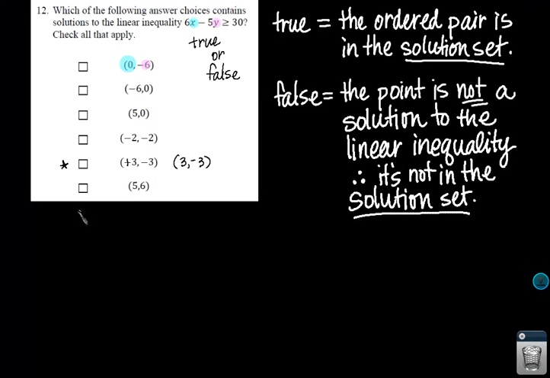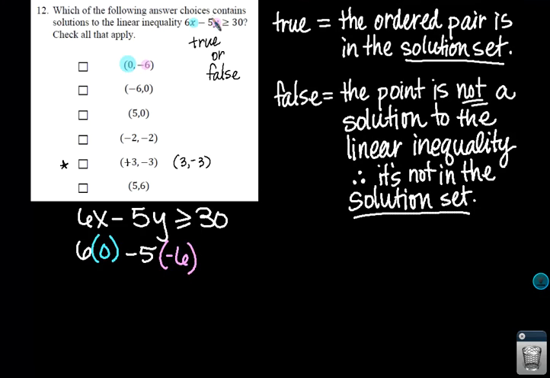So if we have 6x minus 5y is greater than or equal to 30, we're going to see whether that is actually true or false.